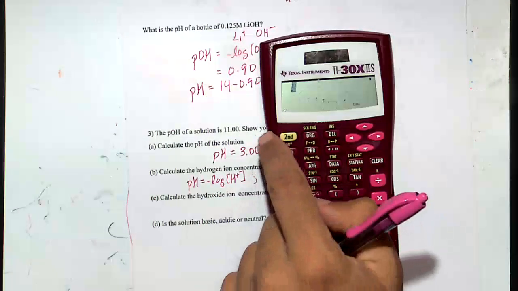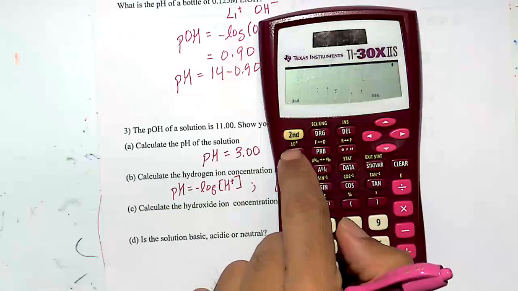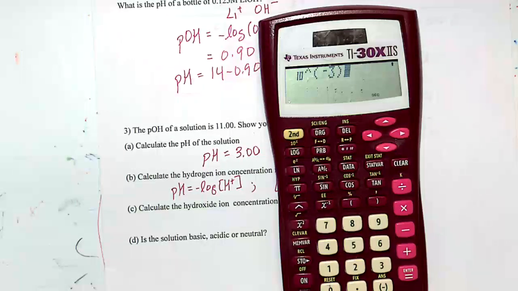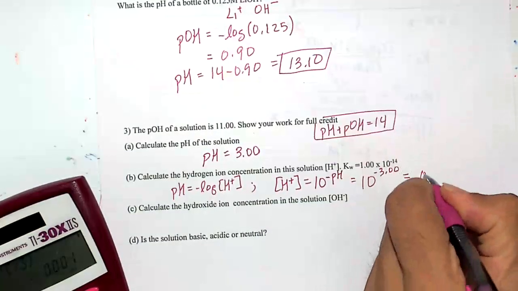You're going to do anti-log, second log minus 3. So this is going back and forth between pH and the concentration of hydrogen ion. And it's 0.001 molar.